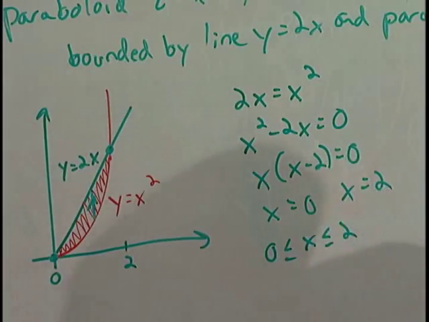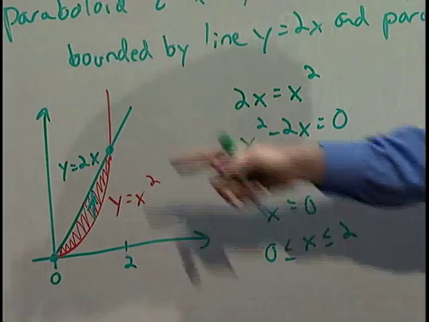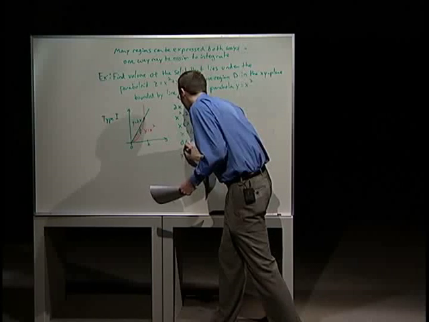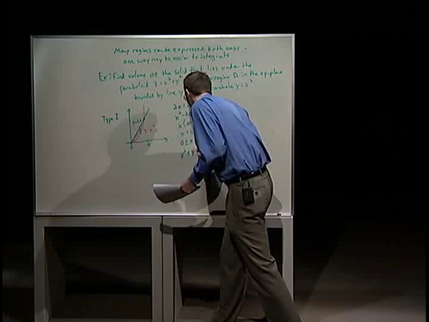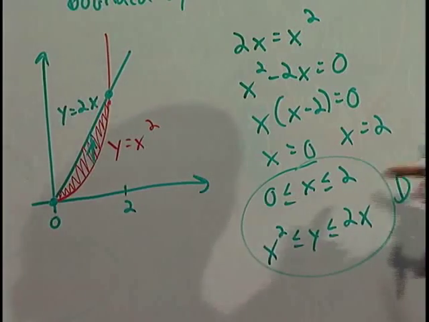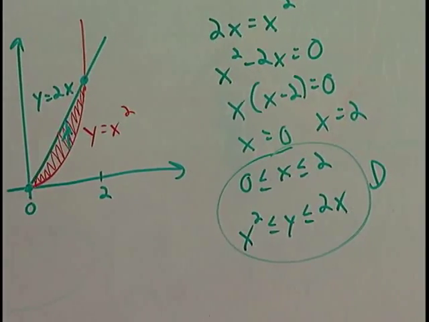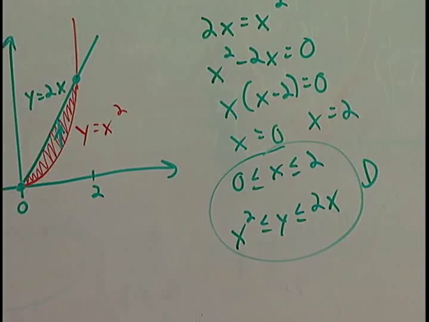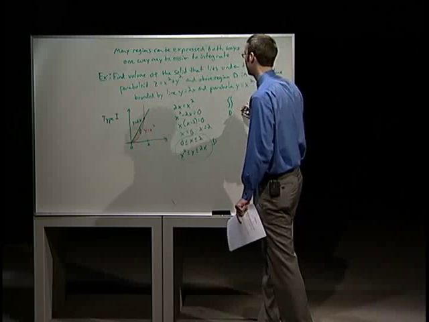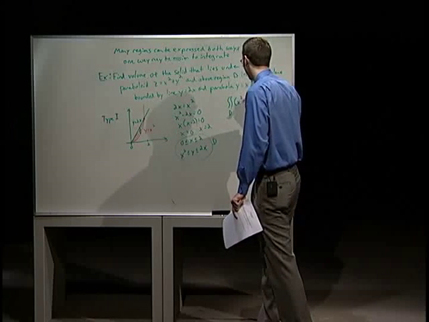Your y limits depend on which curve is the lower curve and which is the upper curve. So our y limits are x squared less than or equal to y less than or equal to 2x. That's our region D, considered as a type 1 region. So our integral is the double integral over D of x squared plus y squared.